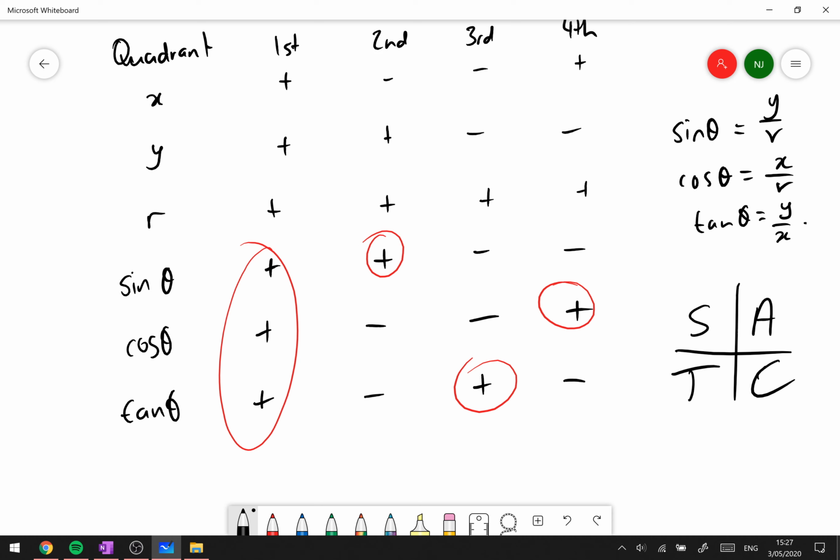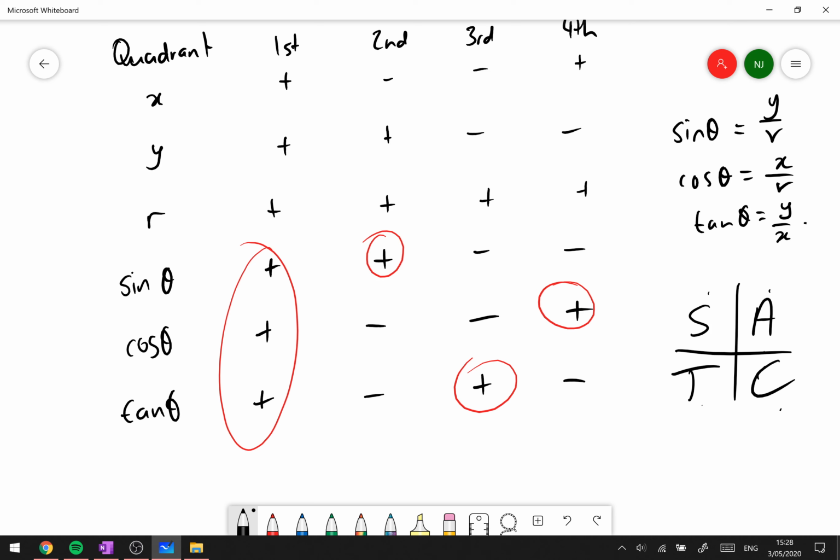So all stations to Coaldale, all stations to Central, if you're more of a Sydney sider, all stations to Cardiff if you're from Newcastle where I grew up. It's just a quick way to remember in which quadrant the trigonometric ratios are positive.